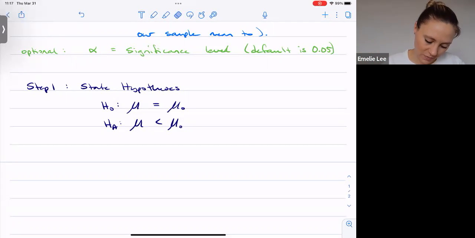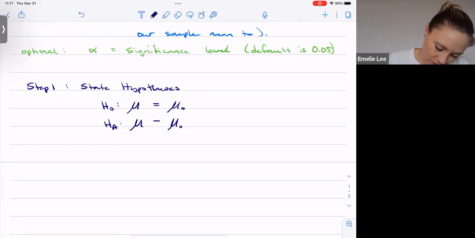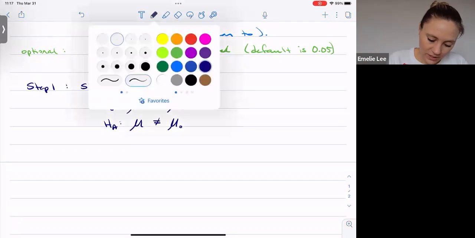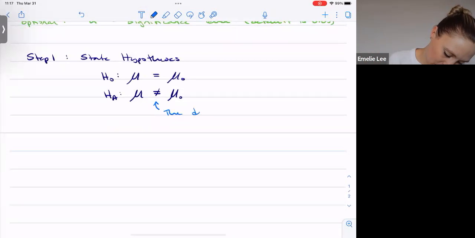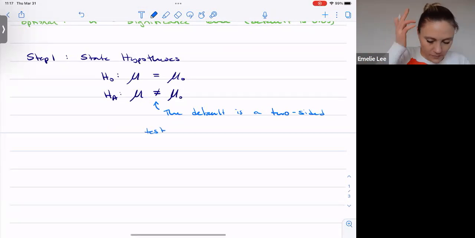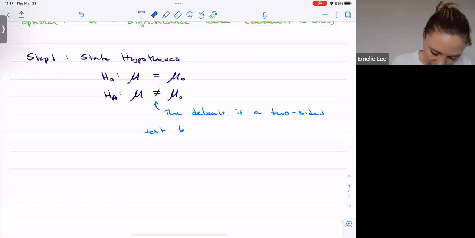Right, in this case, but the default here is going to be not equal to, so I'm going to change that, right? And so here, the default is a two-sided test. But it can also be less than or greater than.